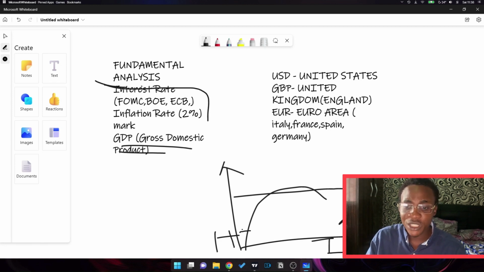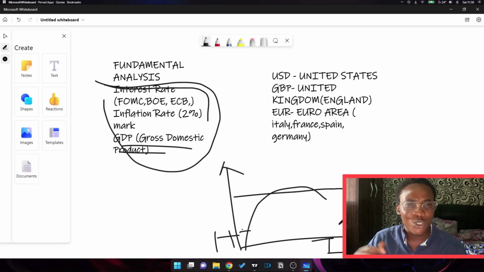If you have an interest rate that is not too high, just normal, like from 3 or around that range, you are doing very well.